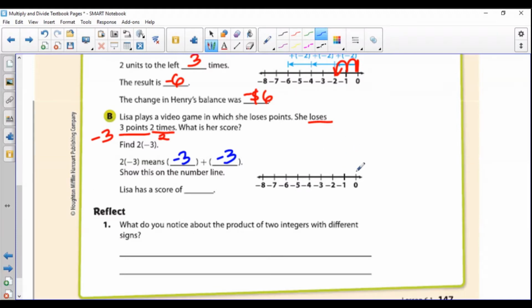So I start here at 0, and we're going to move 3 spaces to the left, and we're going to do that 2 times. I'm going to move 1, 2, 3 to the left. That's 1 time. 1, 2, 3 to the left. That's the 2nd time.